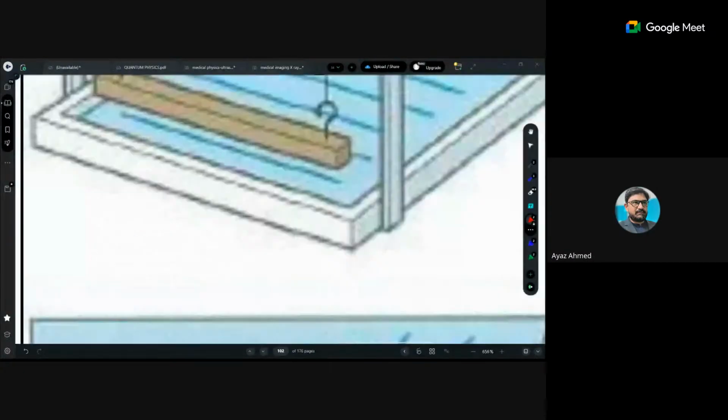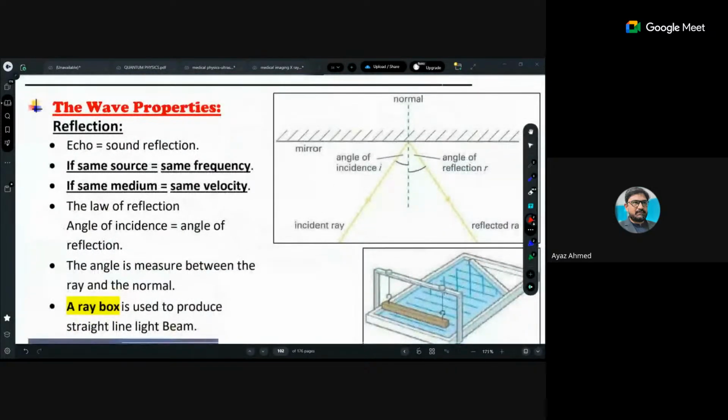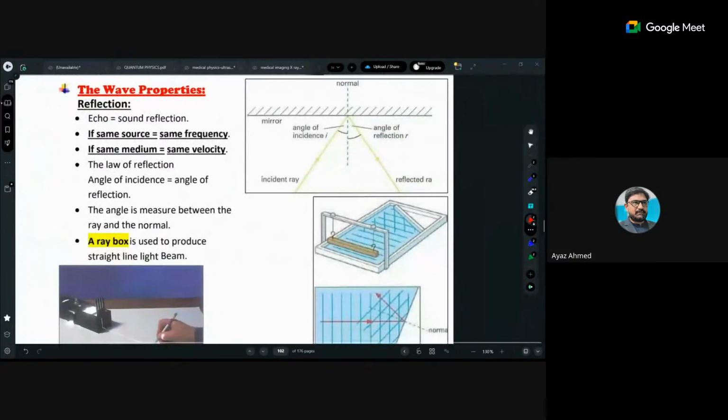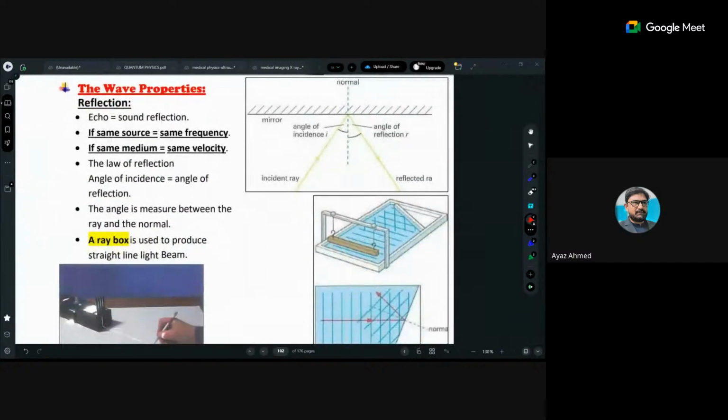Now this is actually the water waves. That was the topic of sound waves, a quick review. That's why I have selected this stuff, that it would make a quick review for you. Then the waves part 3 means water waves.